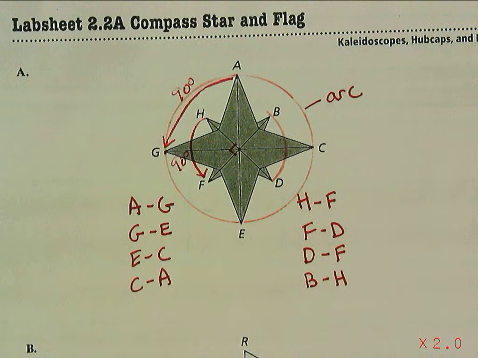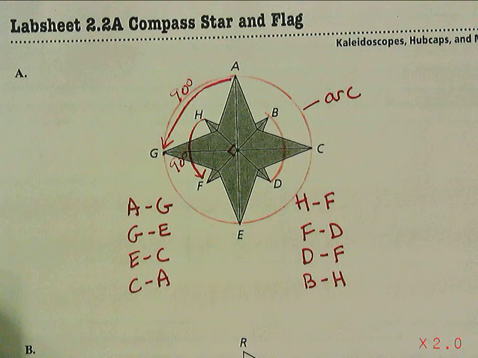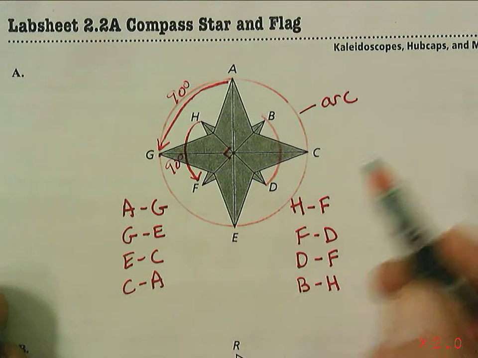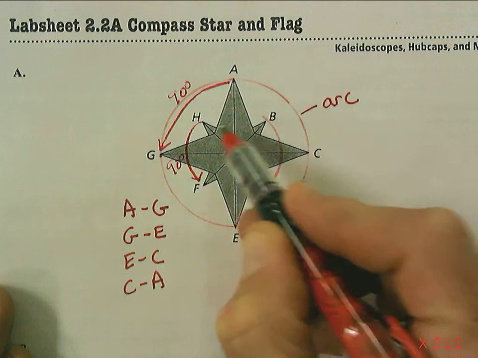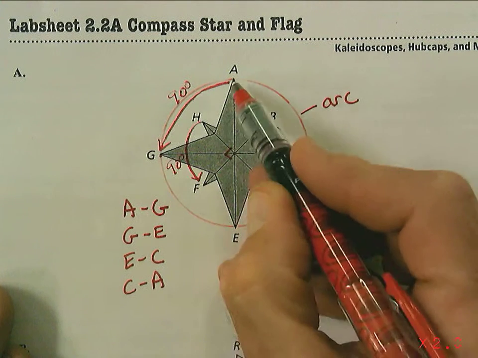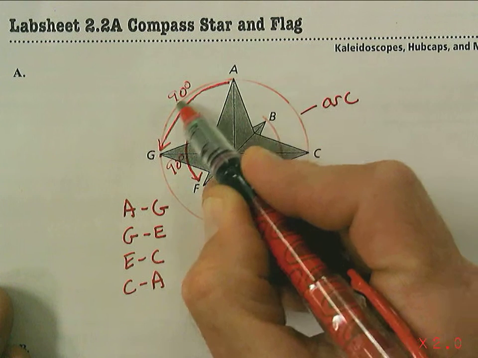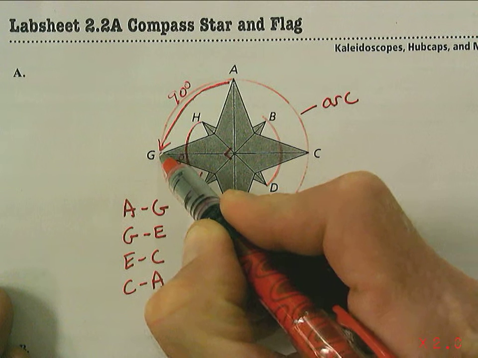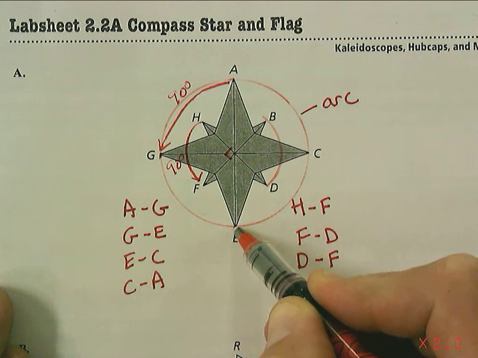And the relationship among any point X, its image and the center of the star compass can be described by the angle of rotation that we use and the arc through which it passes. So if I'm talking about a 90-degree rotation, I'm talking about along this arc, 90 degrees to that point, and along this arc, 90 degrees to this new point.